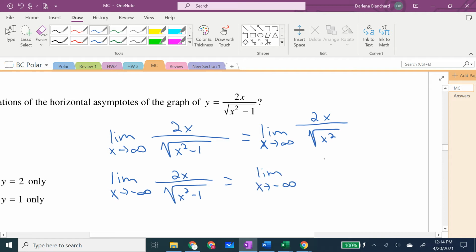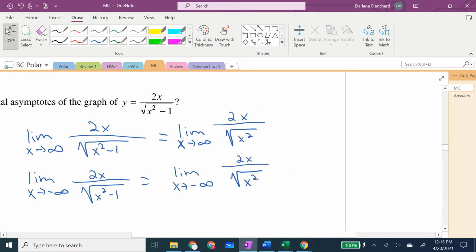Take a moment to look at it. Do you recall that the square root of x squared is not x? It is the absolute value of x.